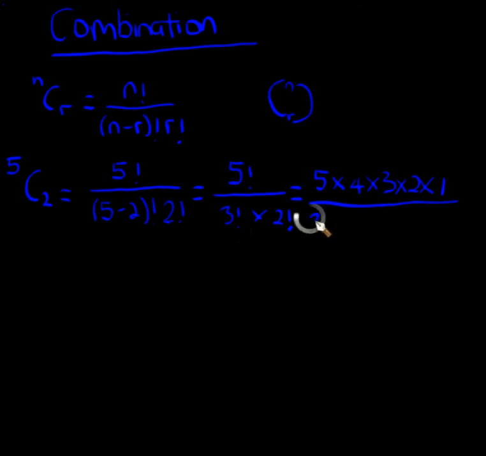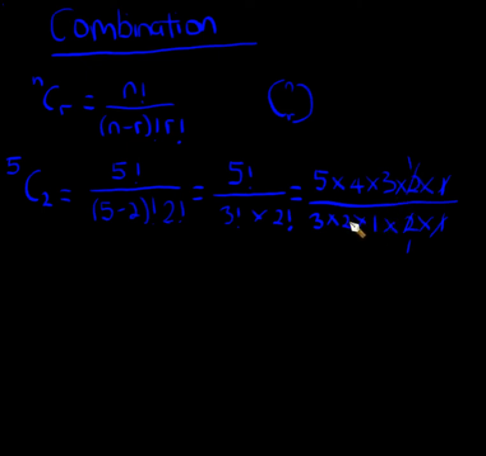Remember how we evaluated factorials, as 3 times 2 times 1. Also, 2 factorial can be expressed as 2 times 1, right? Mathematically, we can divide some of those things out.